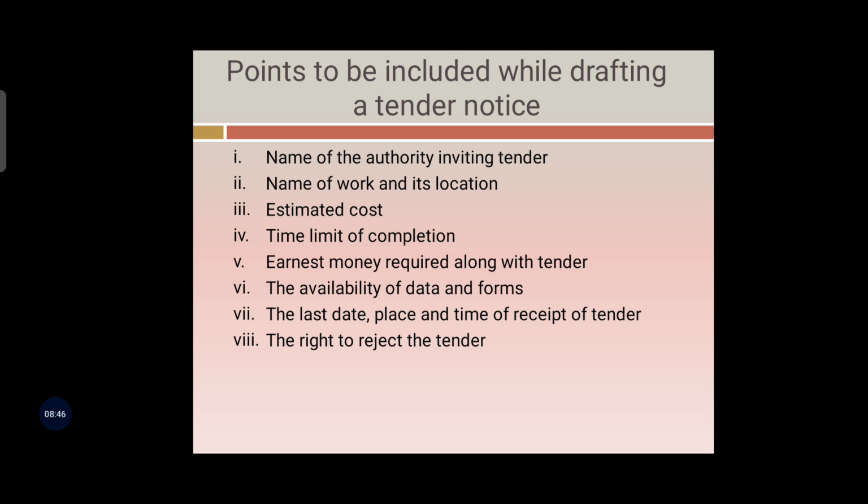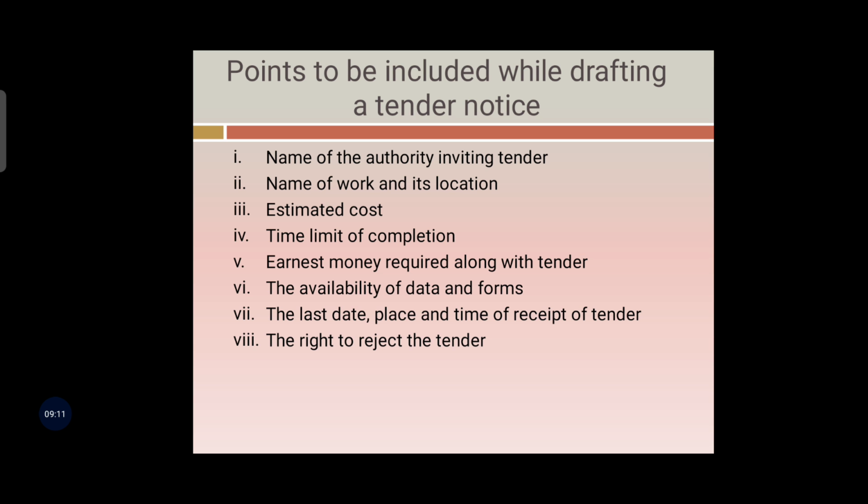First write the name of the authority, then write the name of the work. This is the proper format of writing a tender notice. Why are we writing a tender notice? For inviting the contractor to participate in this tender. Okay, so this is the format.